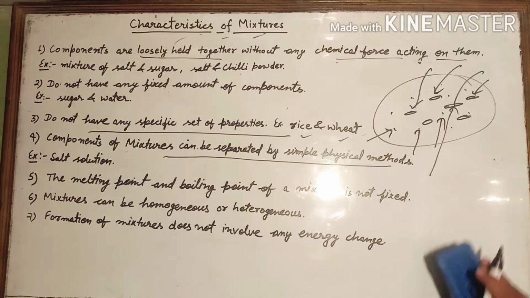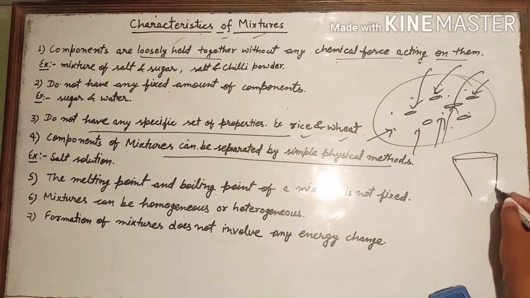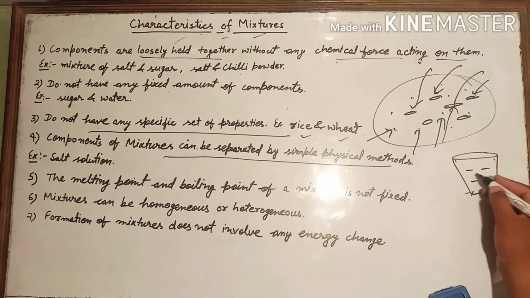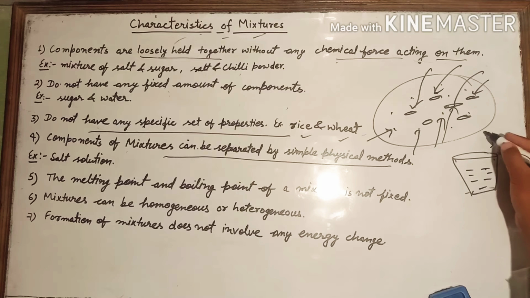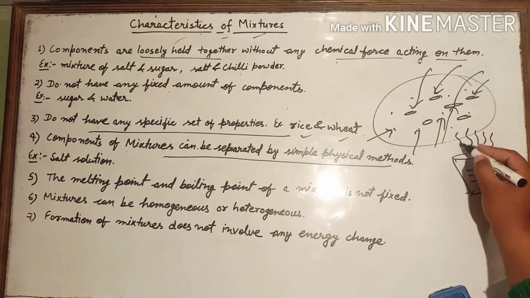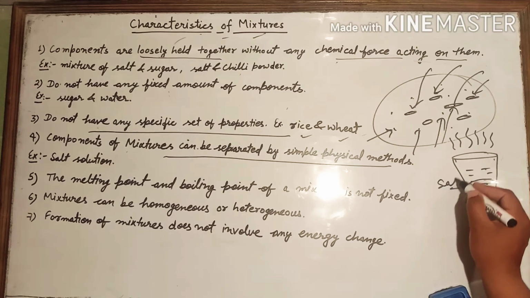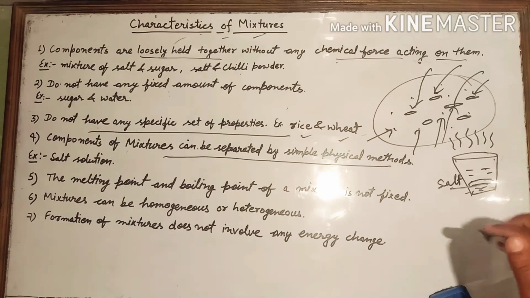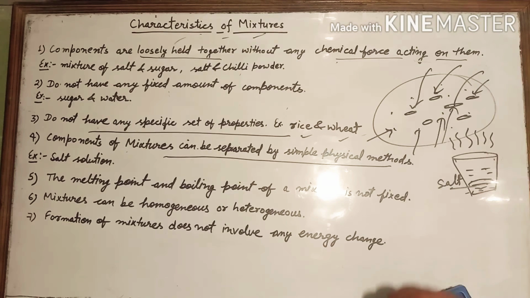In the same way, if salt is present in water like this, this is a salt solution. If you heat this, the water will evaporate. What will remain in the vessel? Only salt. So this is also a physical method by the help of which we can separate them. In mixtures we can separate the components with physical methods.